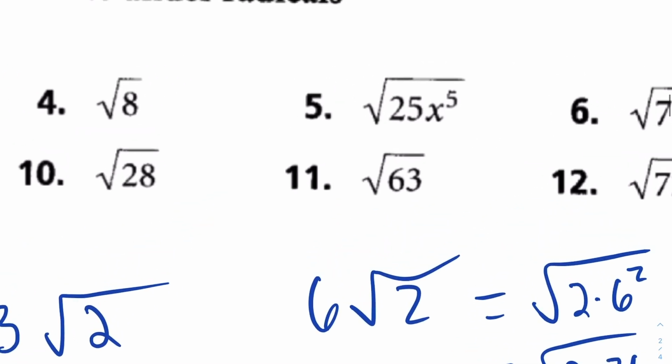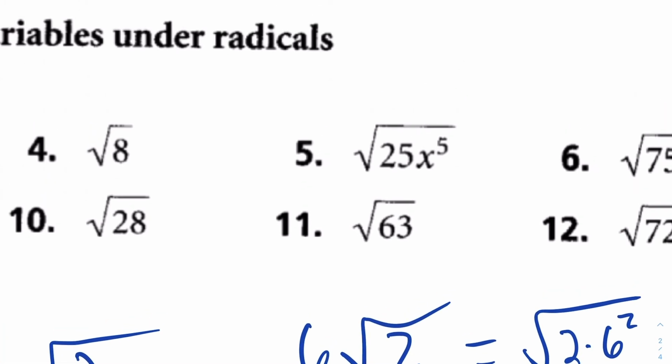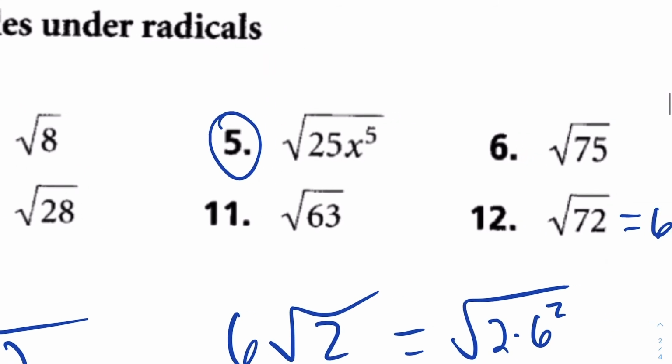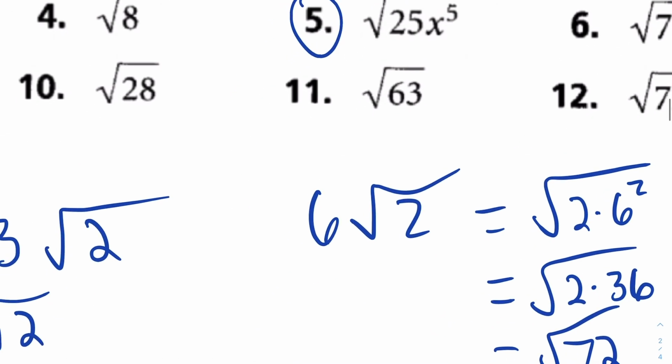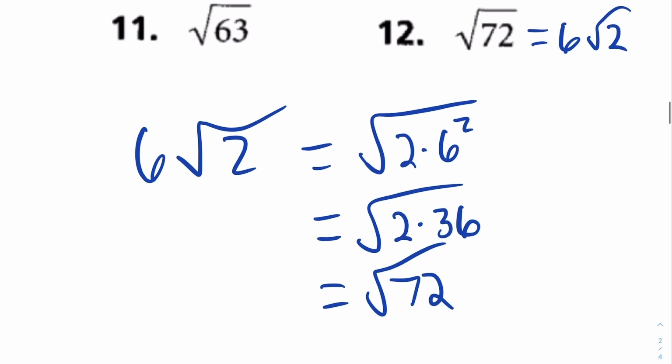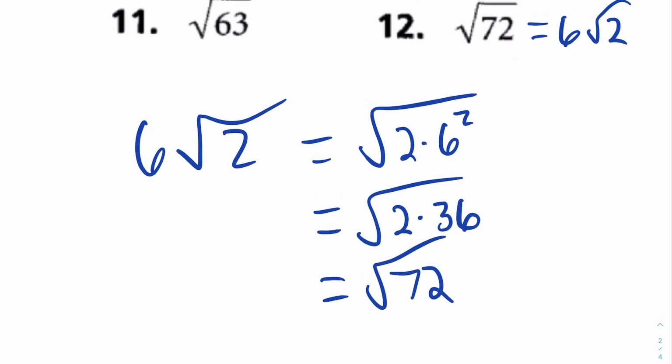Normally, you do go from this version, like number 5, you start with that, and you want to get to its factored form. But sometimes in higher maths, you will need to be able to take something that is factored and undo it back into its square root form.